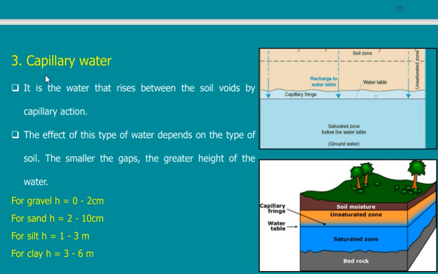The third type is called capillary water. Capillary water, as we said, capillarity is a phenomenon that we know in physics. When we take a small, very thin tube and put it in water, by surface tension and by capillarity, the water sticks to the sides of the tube, and as if it is climbing the sides of the tube, it goes above the level of the normal water at this location.